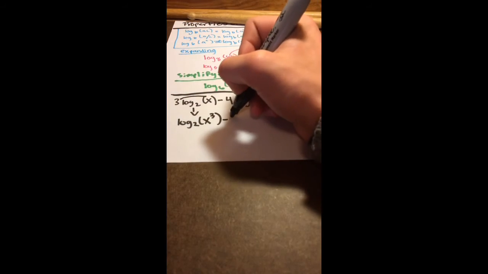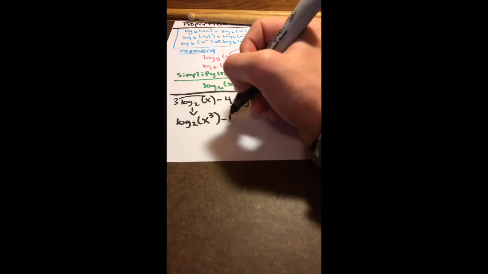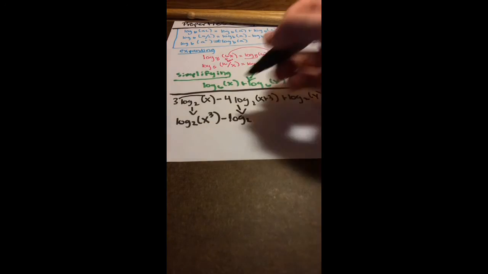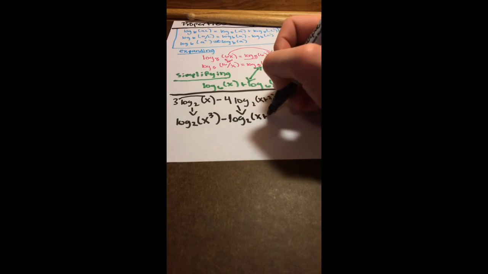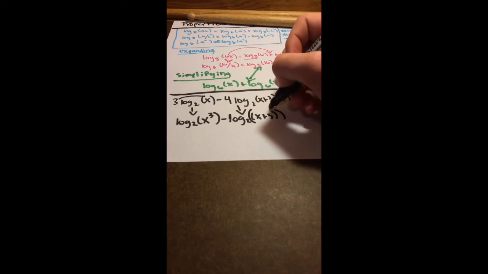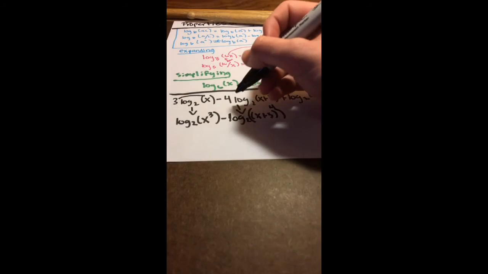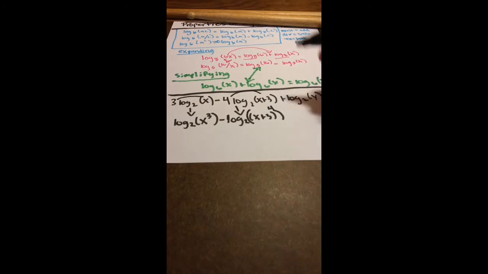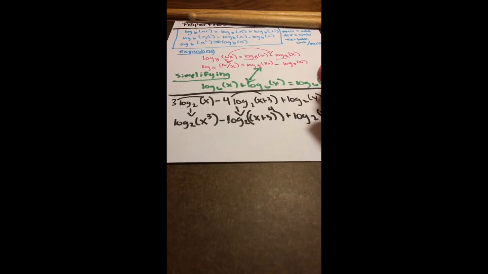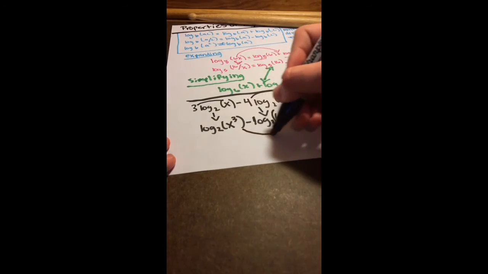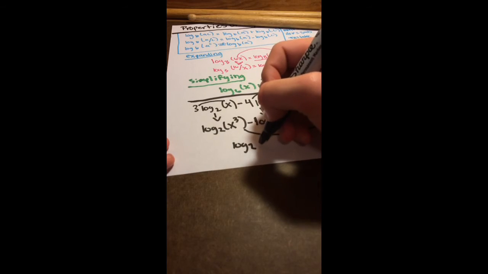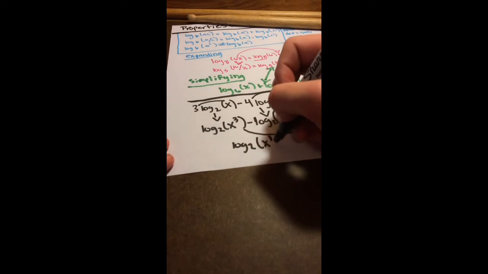Then we're going to say minus, and do the same thing for this next one: log base 2 of (x plus 3), and then we're going to add another parentheses and say to the 4th power, because we're just taking this 4 and putting it right here. Then we add plus log base 2 of y, so this isn't changing yet. Next step is we're just going to take these two, put them together, and say log base 2 of x to the 3rd power times y.